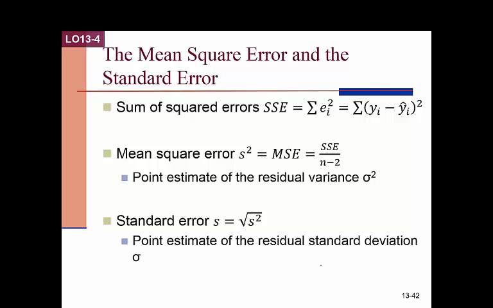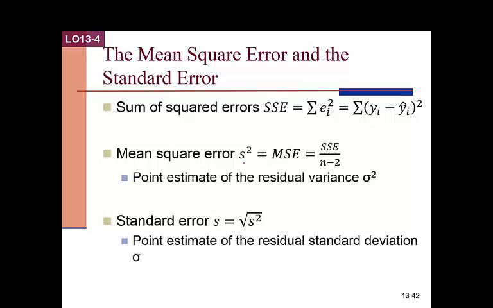Now you can also find all the errors in the data set and look at if your model is good by comparing all the errors. Okay, and we're going to do that through looking at the sum of squares of the errors. Okay, and you've seen this kind of a setup in your ANOVA table before, and we're going to go back to that ANOVA table and reuse that here as well.